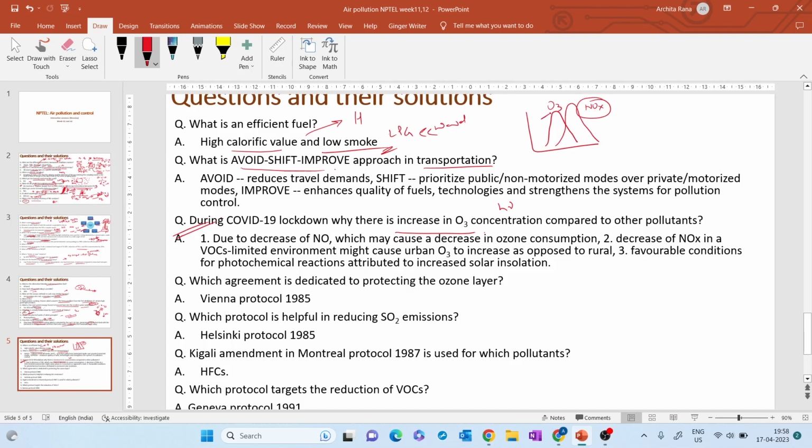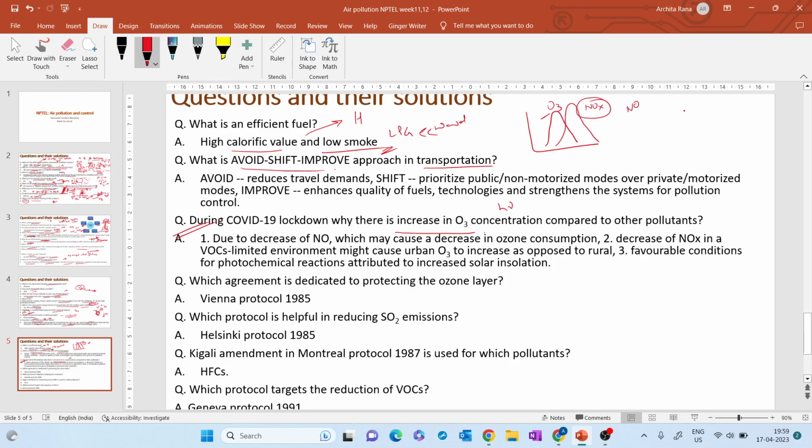Now generally what happens is that it will not directly form NOx, right? There needs to be a release of NO first. As I said in the previous slide, NO is released and then it combines further in the atmosphere with an oxygen radical, which comes from ozone, and gives NO2 or NOx.